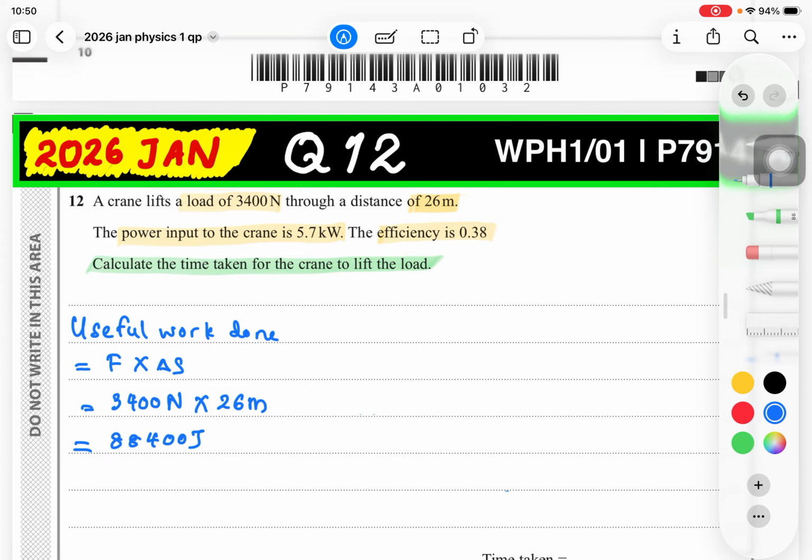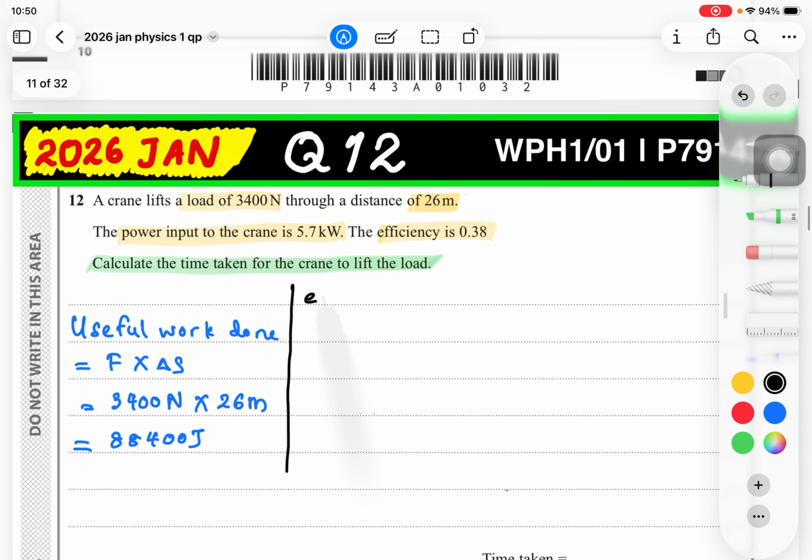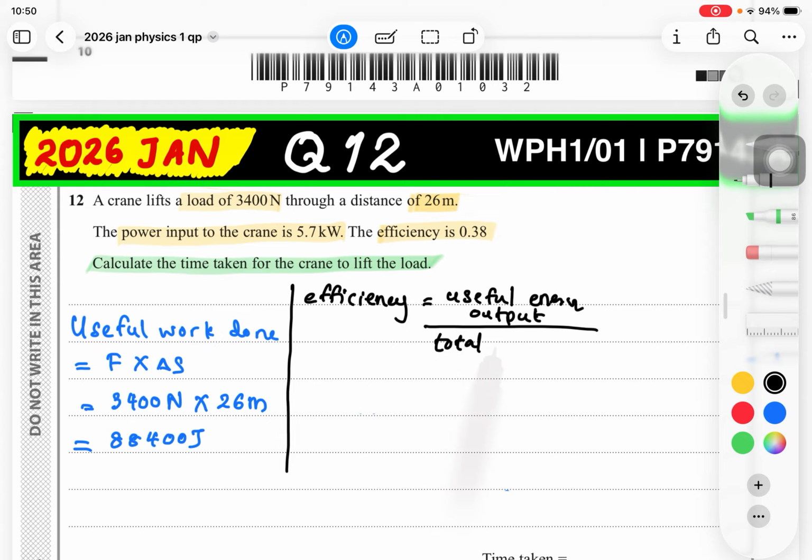Now let's see what our input is. For that, they have given us the efficiency. We know the efficiency equation: efficiency is useful energy output divided by total energy input.